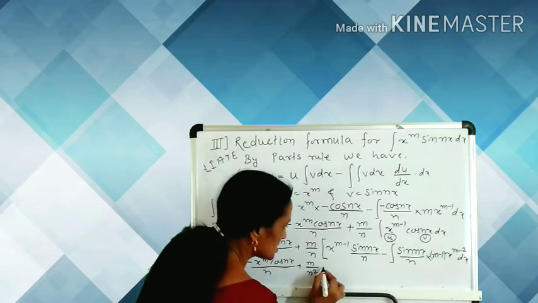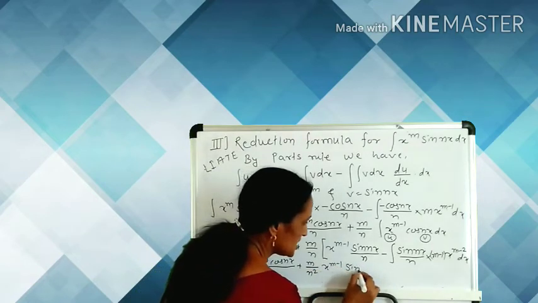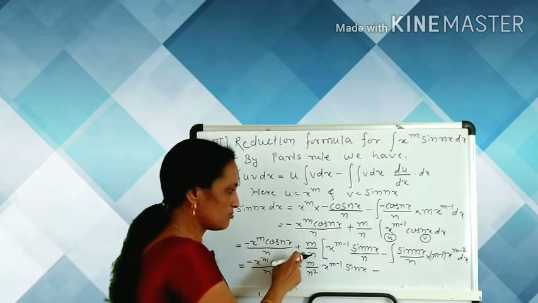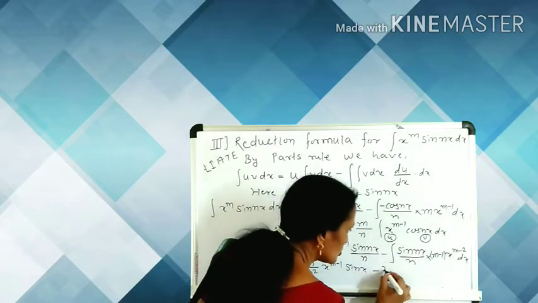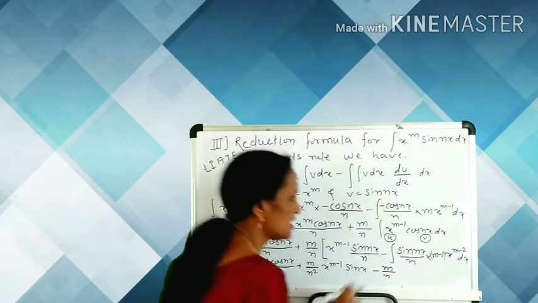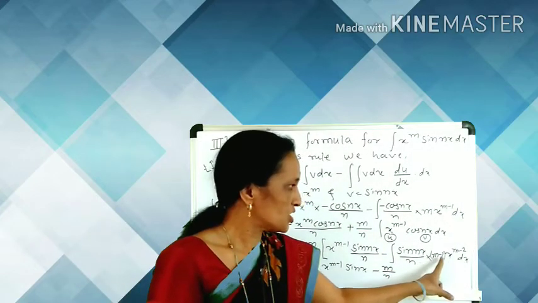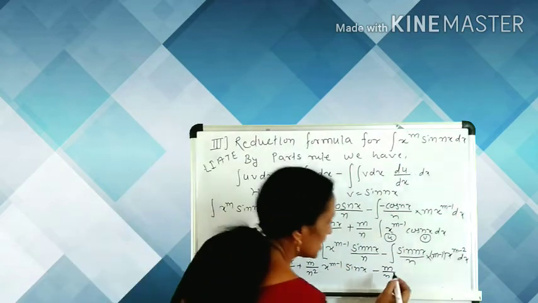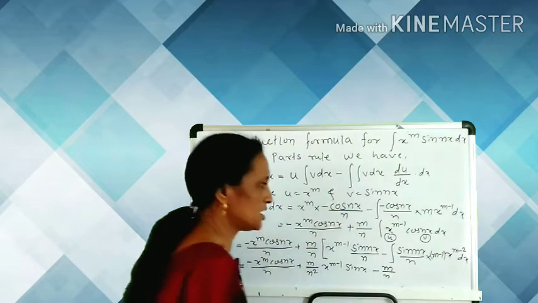x raised to the m minus 1 multiplied by sin nx minus, we multiply this m divided by n to this integral also. So m by n, and for writing this integral we take the constant again outside the integration and we get the constants m minus 1 divided by n.